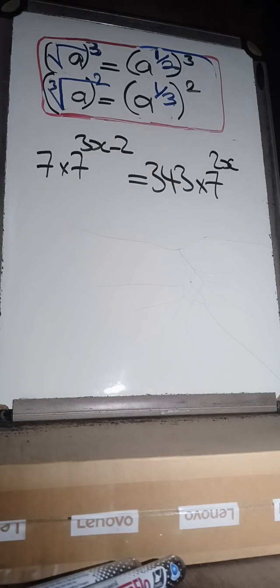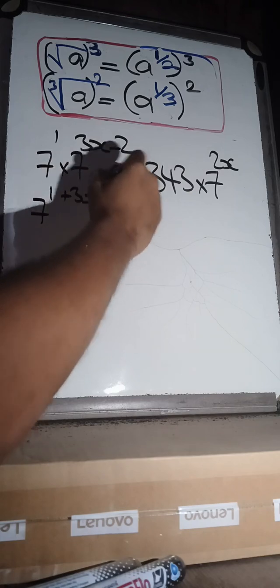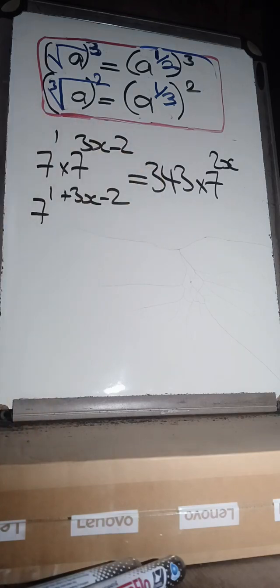Alright. So that's already 7 raised to the 1. If you add 1 plus 3x minus 2, you're going to have what? 3x minus 1. So meaning what is happening here is this. 1 minus 2 is minus 1.